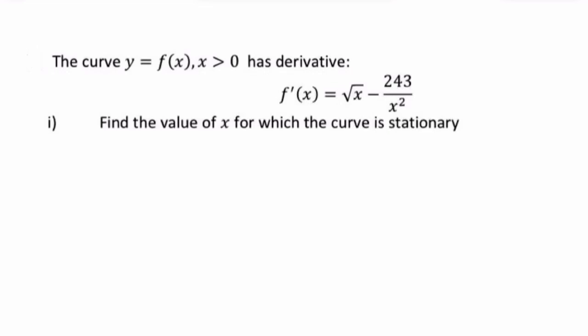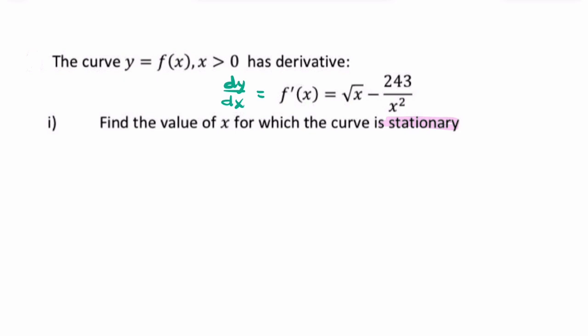In this question, we have a function f of x, and we're given the derivative f dash, or in other words, we're given dy by dx is equal to this expression here. And they're asking for the values of x for which the curve is stationary.